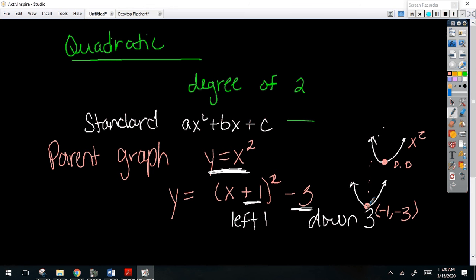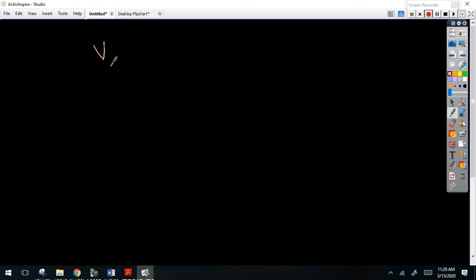That vertex, where it was. And so for that reason, a lot of times we will call this form, when it's written this way, vertex form.